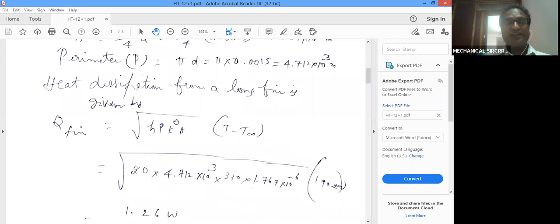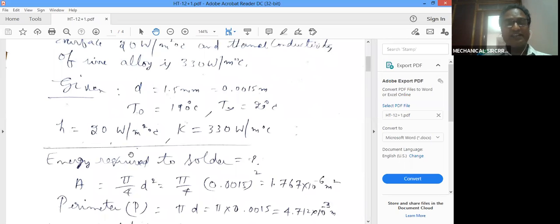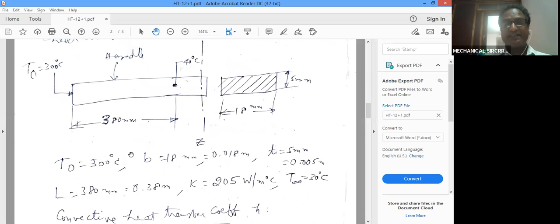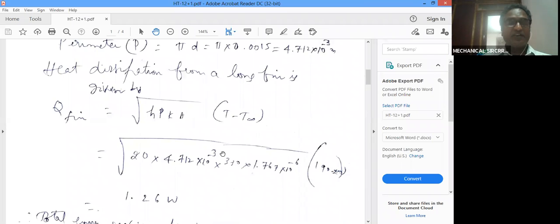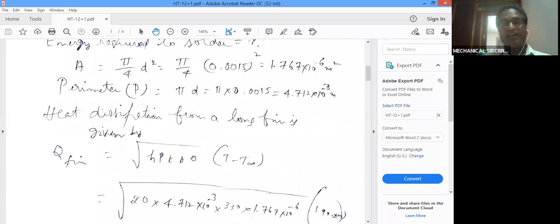The temperature distribution equation for a lengthy fin is T minus T free stream divided by T naught minus T free stream is equal to e power minus mx. After that, we derived the equation Q fin is equal to root of hPkA into (T minus T free stream).